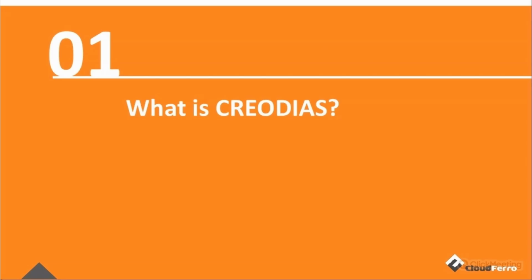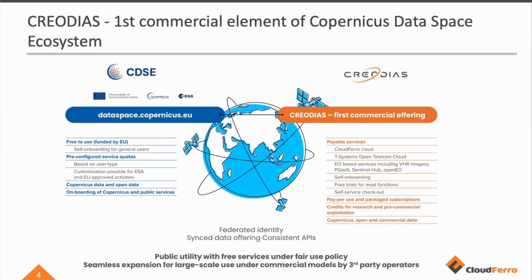So first, what is CREODIAS? CREODIAS is a platform, part of the Copernicus system, the Copernicus data space ecosystem, provided to give users access to Earth observation data.